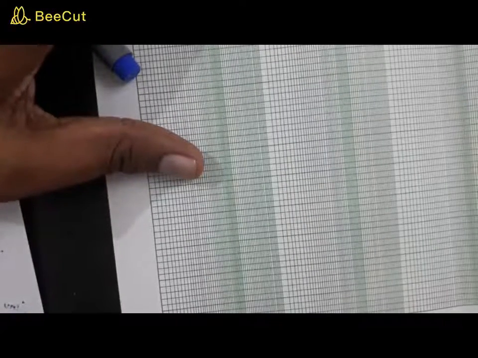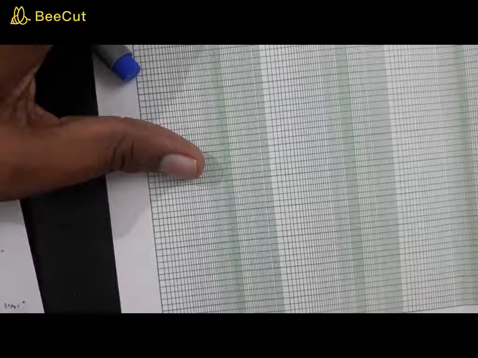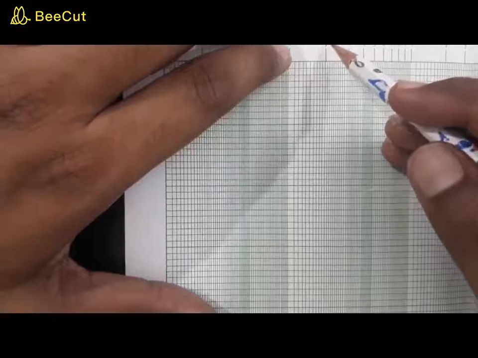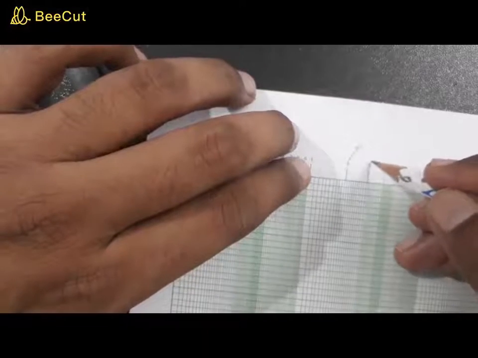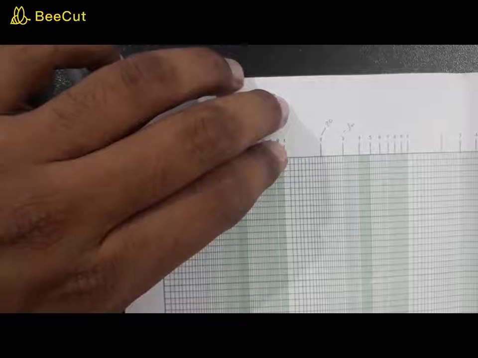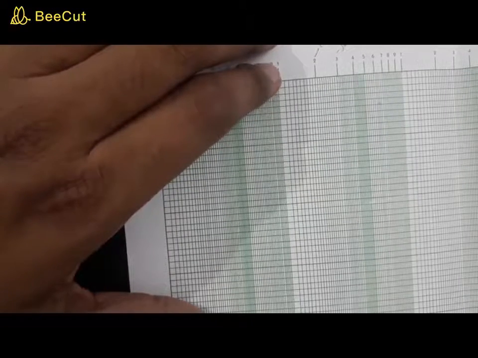Now look at this. From this 10, the next division is marked as 100. That means this is the next decade, right? So what must this 2 represent? This is not 12. Do remember, this is not 12. This represents 20, this represents 30, because all the points inside this block are multiples of 10 of the previous.